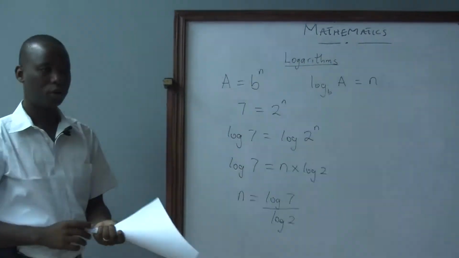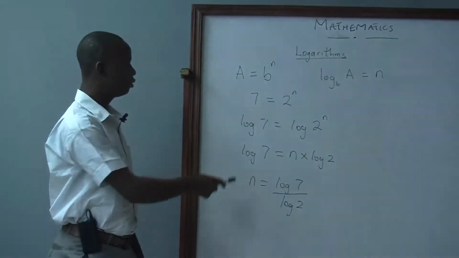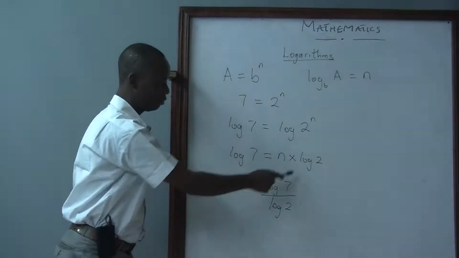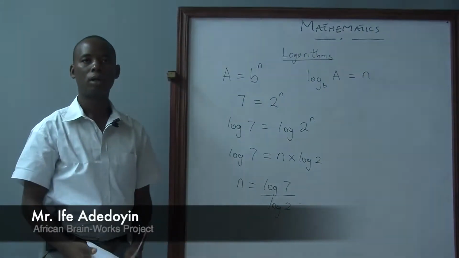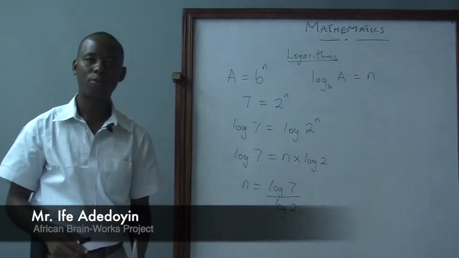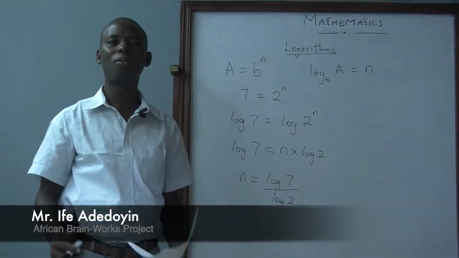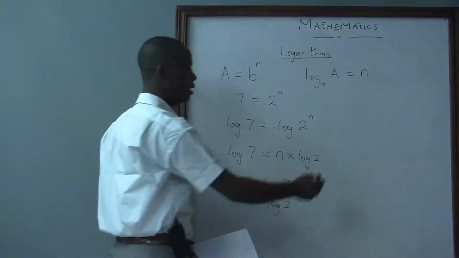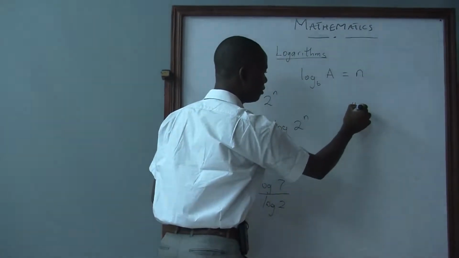If you notice carefully, I do not put a base to my log here. There's no base all through from what I'm doing now. The reason is because at this point I want to work with common base. The common base that we used to work with is log in base 10.